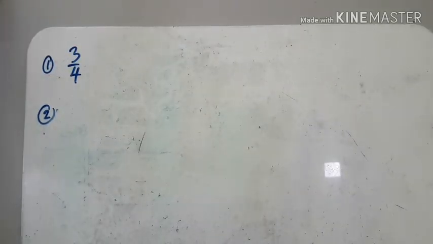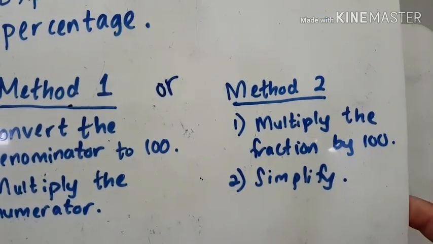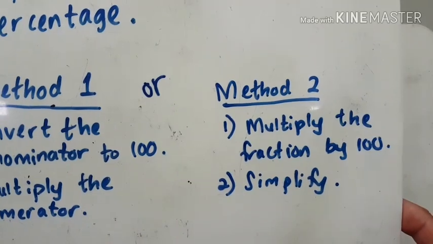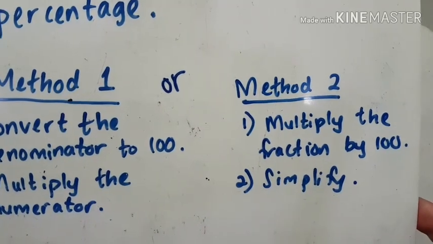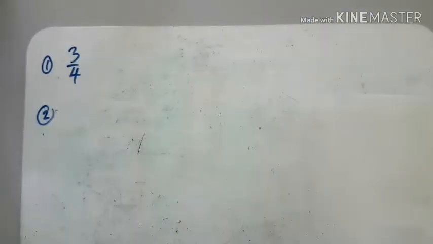Okay, now let's talk about method number 2 just now. Let's review again. By method number 2, we say that we need to multiply the fraction straight away by 100%, and then we simplify whatever we have left.